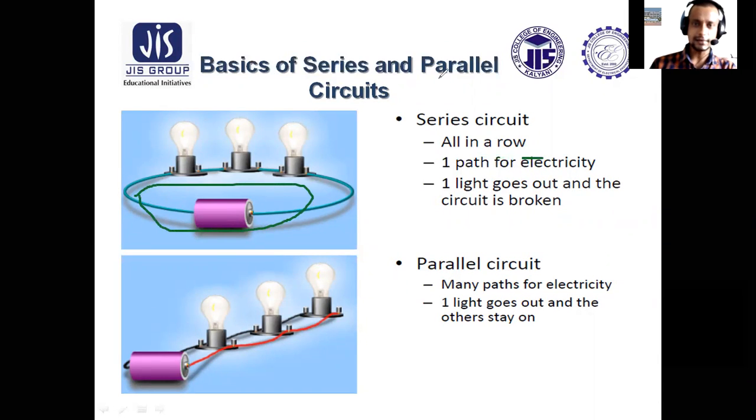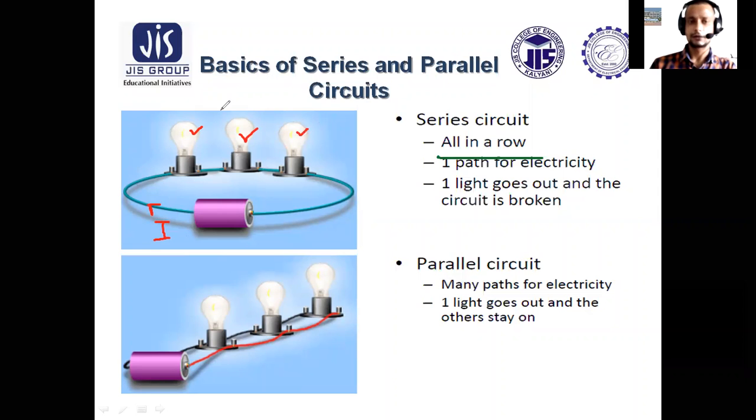Now, as the circuit completes, a current will be flowing through this. As a current I is flowing, consequently current will be flowing through all three bulbs.